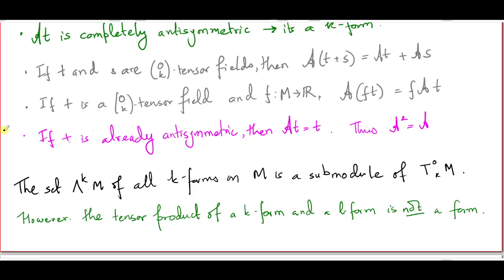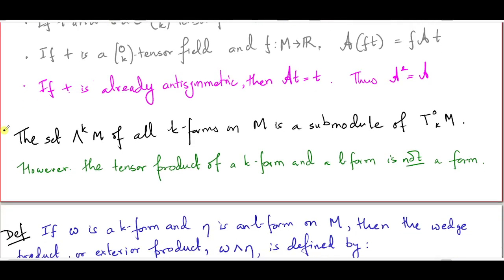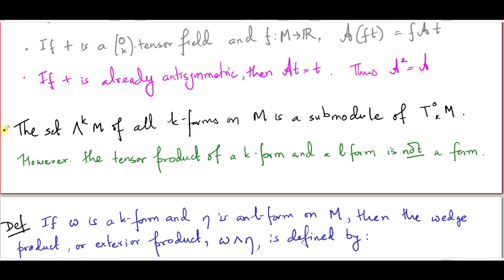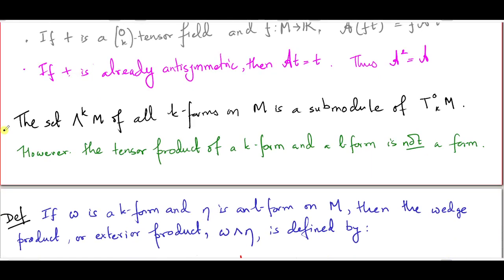So if we have a k-form omega and an l-form eta, then this product that we alluded to right now, the so-called wedge product or exterior product, written omega wedge eta, is defined in the following manner. We already know that by taking the tensor product of omega and eta, we are going to produce a (0,k+l) smooth tensor field.